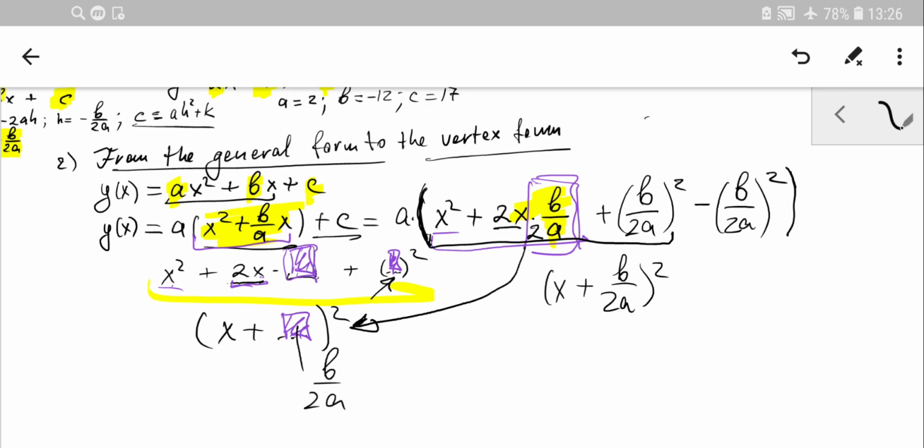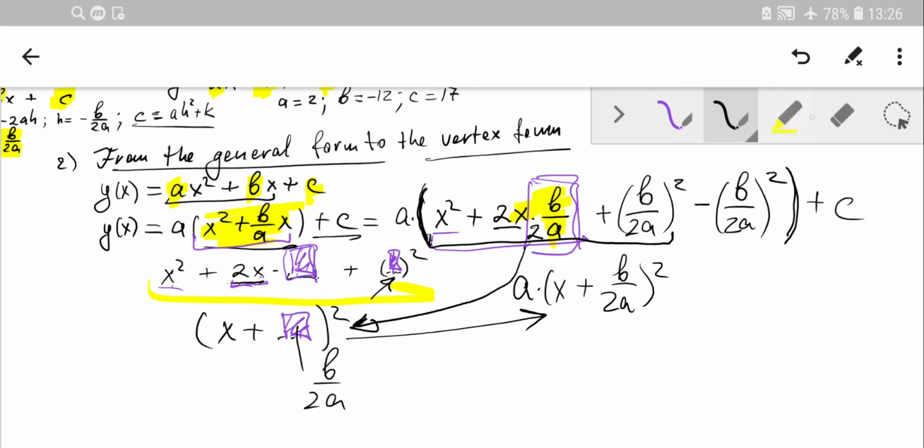So I close the brackets. And now on top of that, I add c. So what I actually have is a times your formula, right? You apply the formula to your expression. So from here, you apply the formula and arrive at that. But that was only this part.